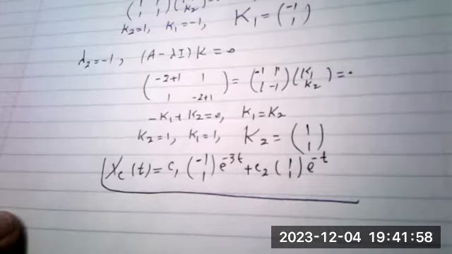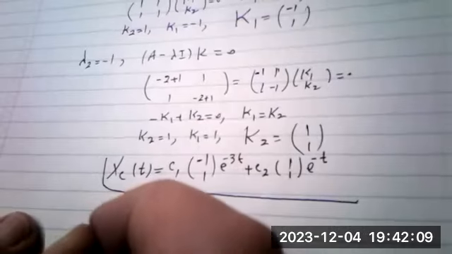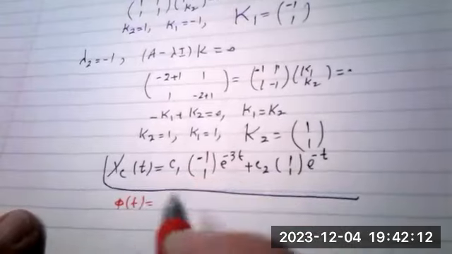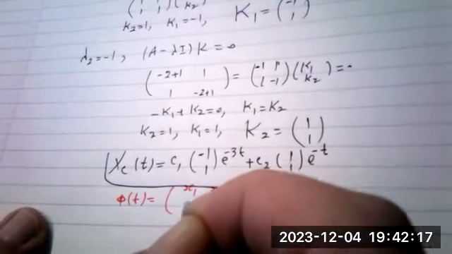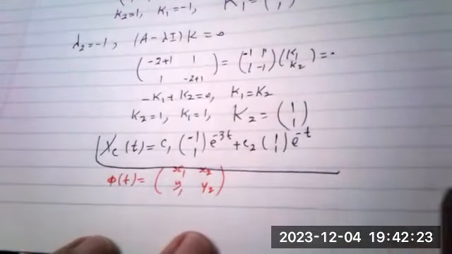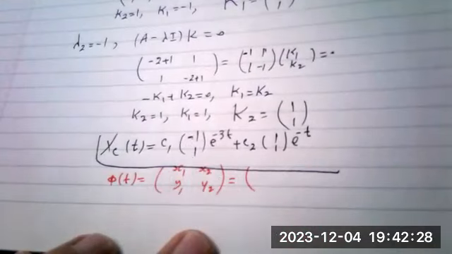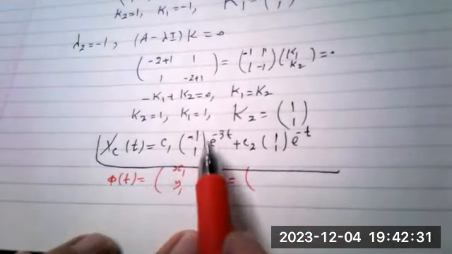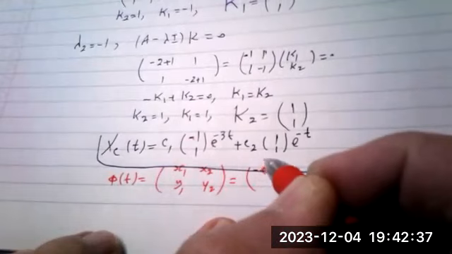For the phi of t, remember you have the x1 and the x2 that we talked about. So this is going to be your phi of t, the matrix x1, x2, y1, y2. Bring those components. For the x1, we get negative e to the -3t.